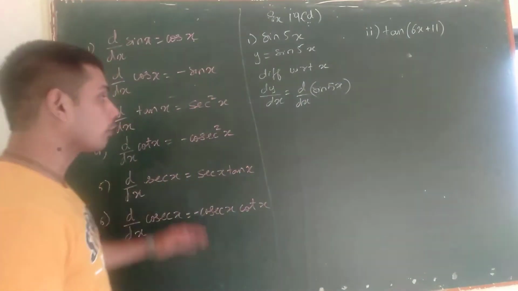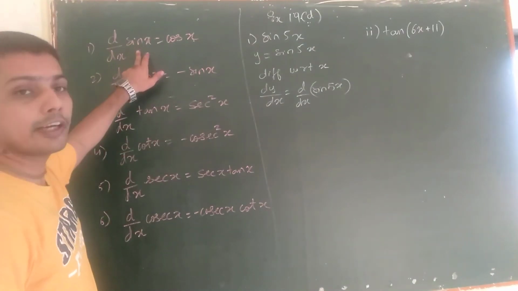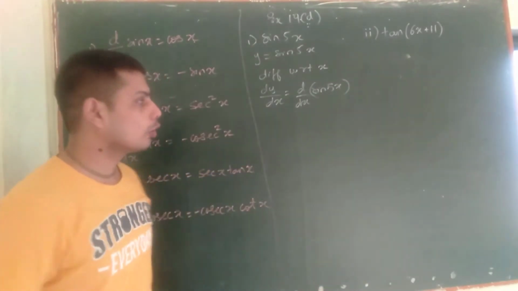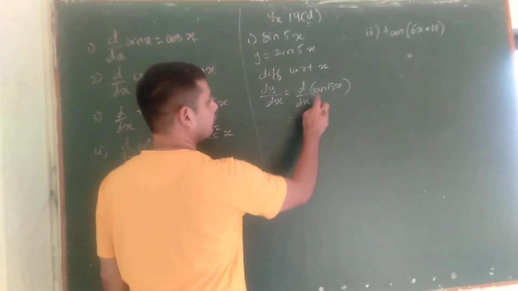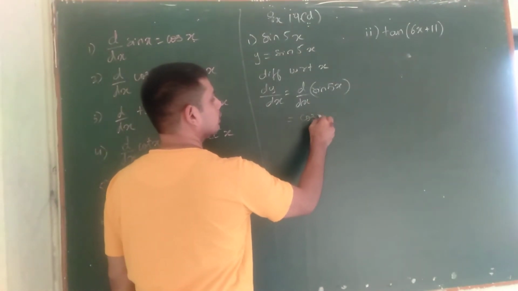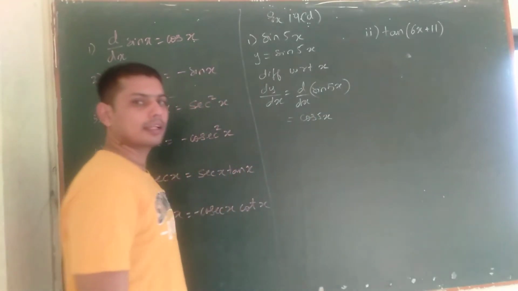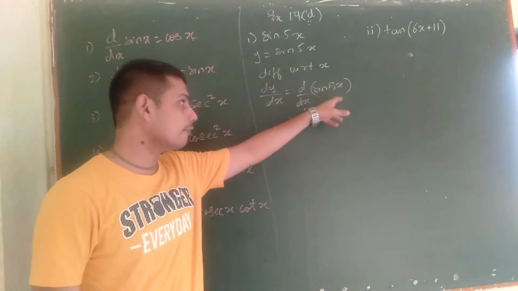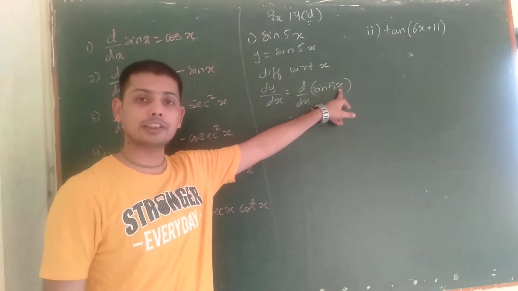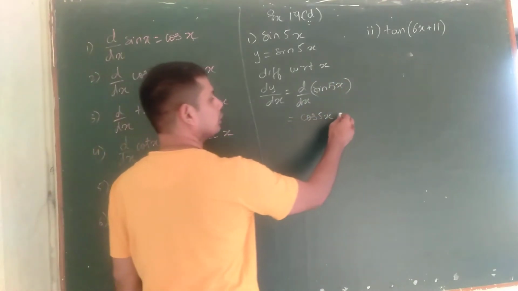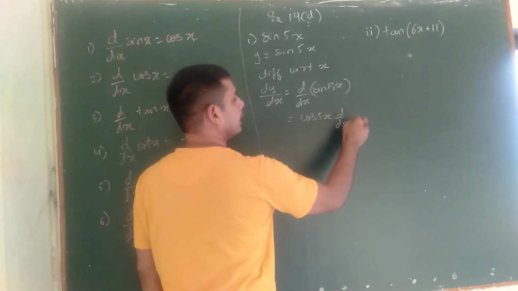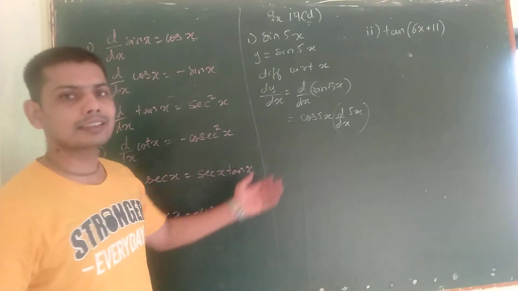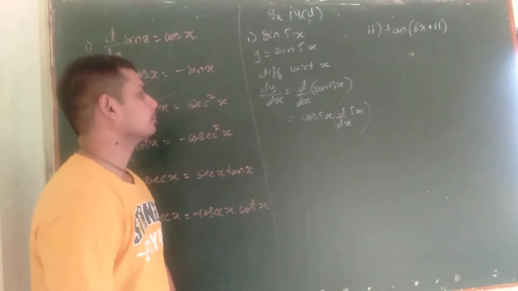Okay, so now from the formula I can see that the derivative of sin is cos. So my sin x will become cos x. So once I differentiate, this is cos 5x, but my x also has a coefficient along with it. So we have to take the derivative of this function as well. So this is now cos 5x into the derivative of 5x. We have seen this in the previous exercise.